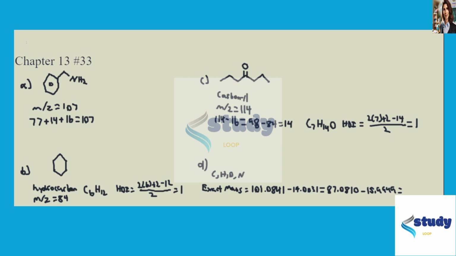Okay, so 87.0810 minus 15.9949 is going to be 71.0861. Okay, and so now we should think about carbons and hydrogens. So 71.0861.